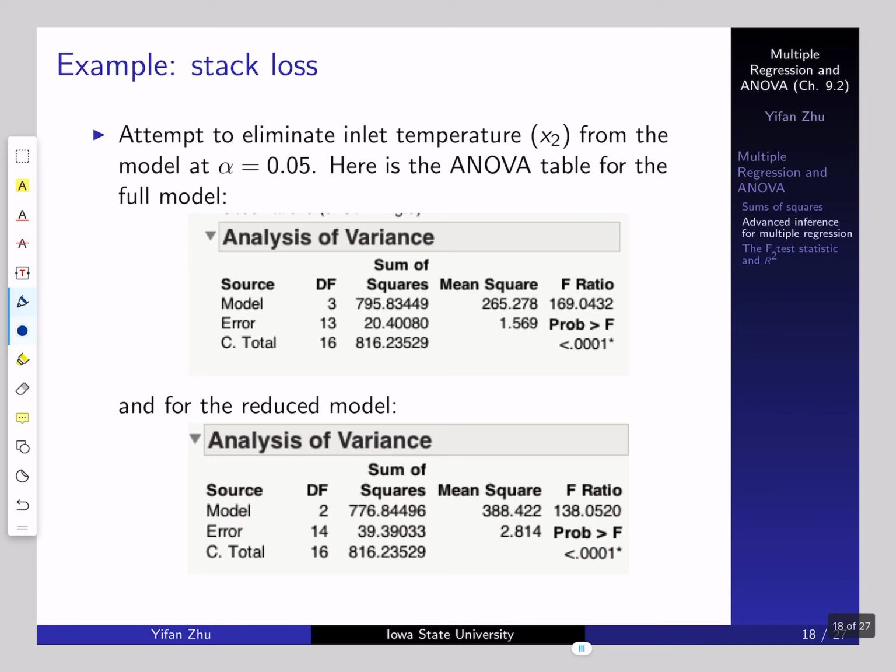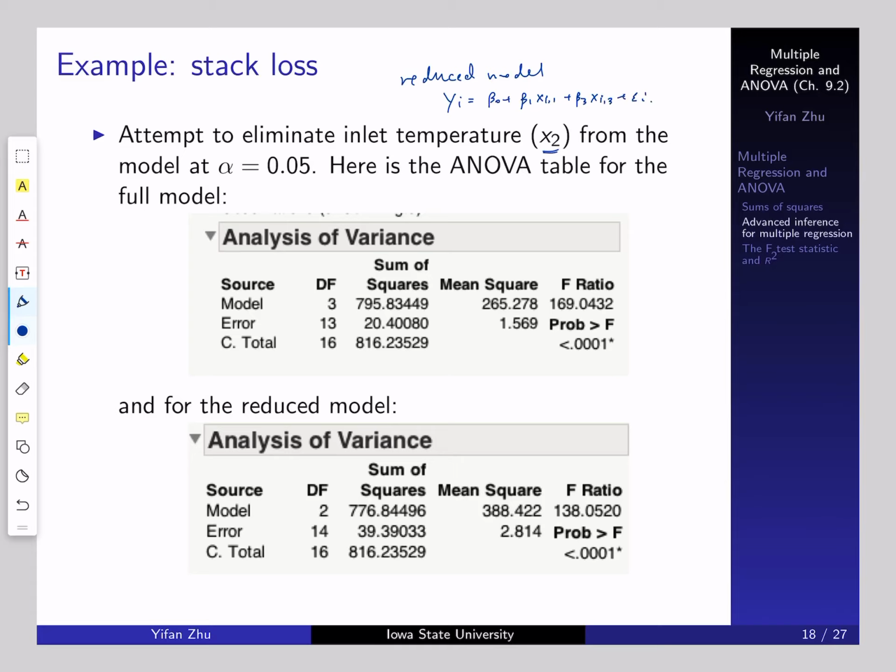Okay, and if one attempts to eliminate the inlet temperature from the model, so what is the inlet temperature? The inlet temperature is x2. So that means the reduced model would be y_i equal to beta naught plus beta 1 x_i1 plus beta 3 x_i3 plus epsilon_i.